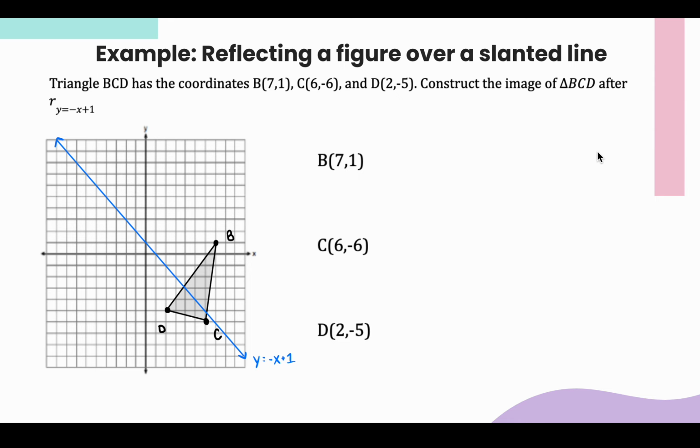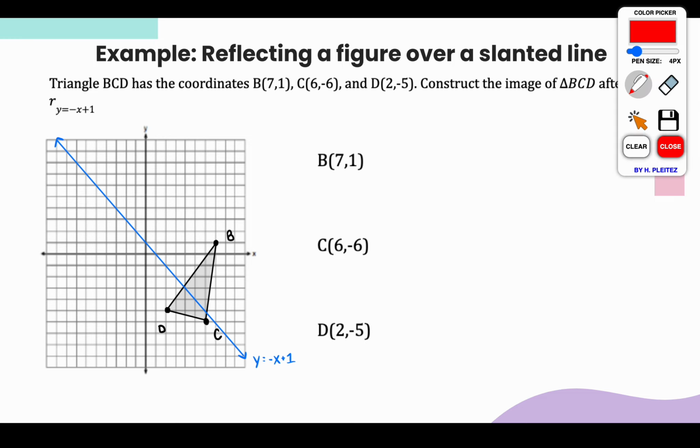But now what you'll notice is that the line of reflection is kind of in the middle. It cuts through your figure, right? But if that's the case, you do the same exact thing. You just work point by point. So first, let's reflect point B. For point B, again, we count left first, and then in this case, we're going to have to count down. So we're going to count left, 1, 2, 3, 4, 5, 6, 7.